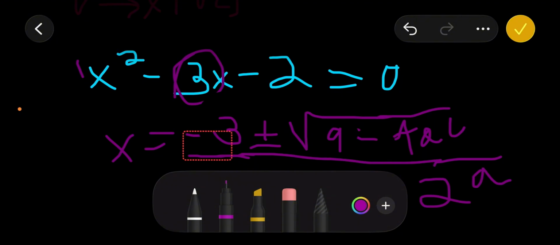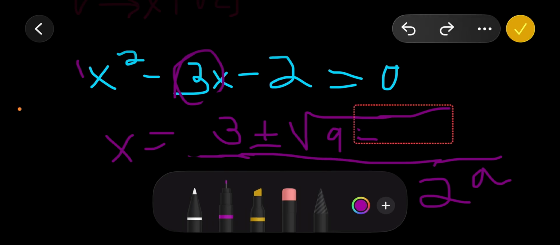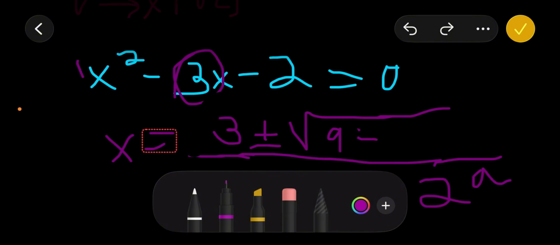So 4 times 1, times negative 2, which is negative 8. So this becomes plus 8, all divided by 2a, or 2 times 1. So we got 3 plus or minus the square root of 9 plus 8, divided by 2.